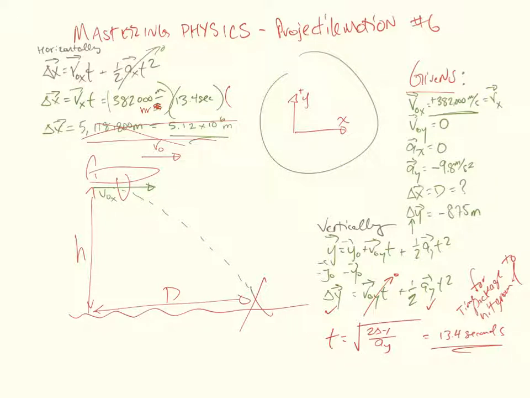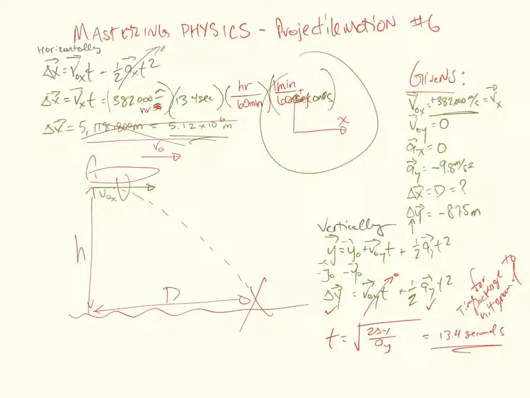So we have to multiply by 1 hour over 60 minutes, and 1 minute over 60 seconds.